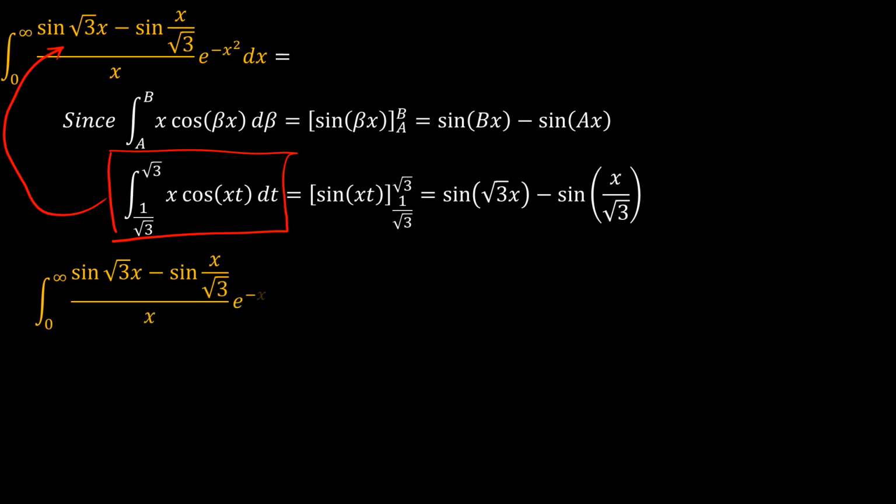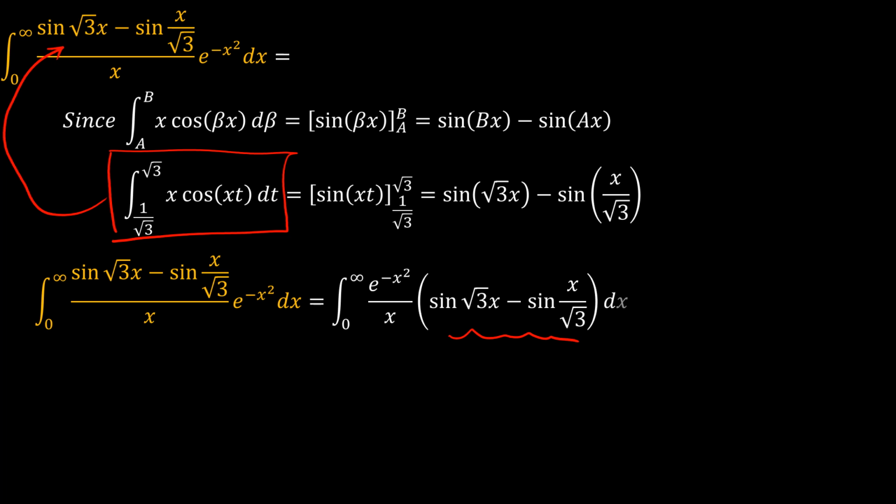We have an integral from x equals 0 to x tending to infinity of e to the power negative x squared over x times the numerator, which we now substitute with the integral we have here.